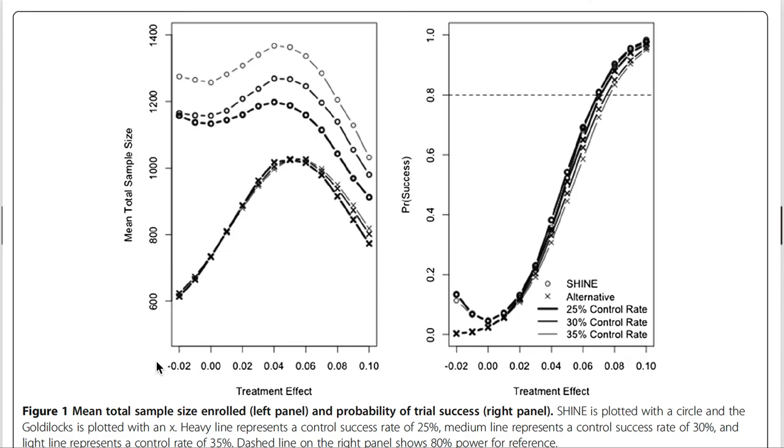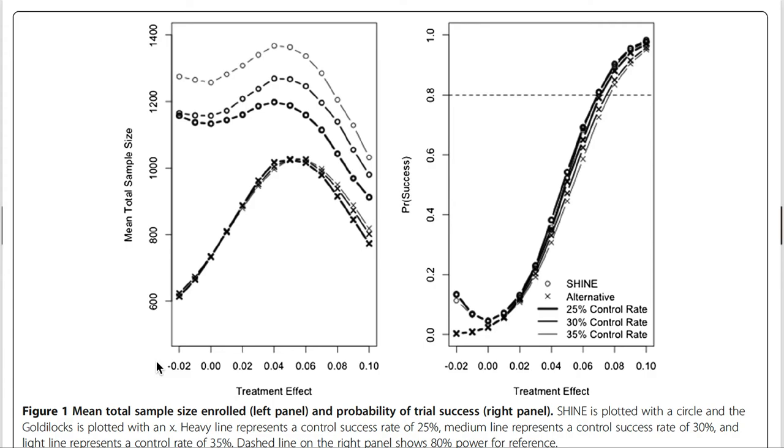The SHINE trial has the heavy lines very segregated from the other two lines with the circles for the sample size. So there's much greater variability in the sample size and a much larger sample size in the SHINE group versus the Goldilocks group.